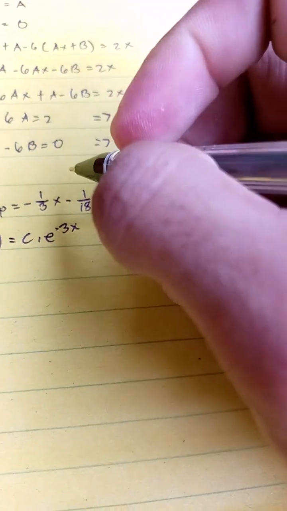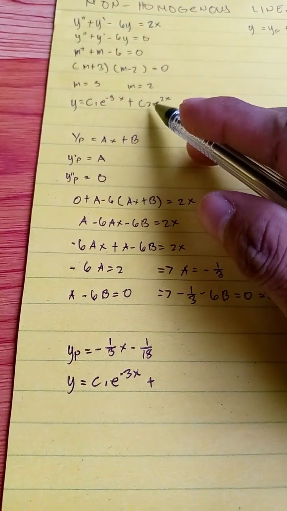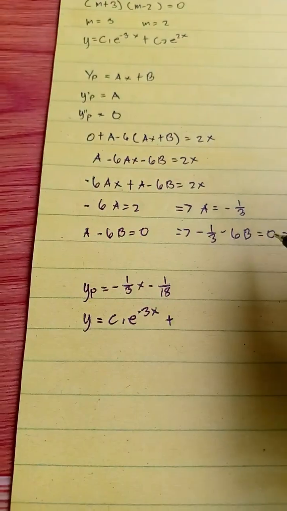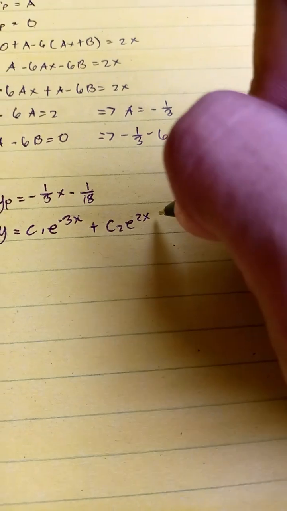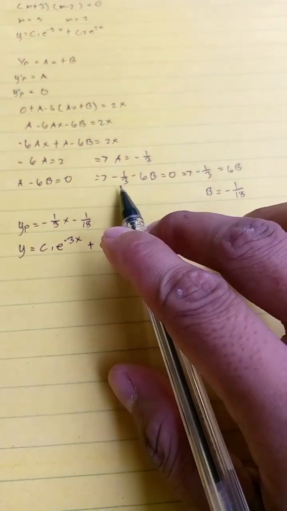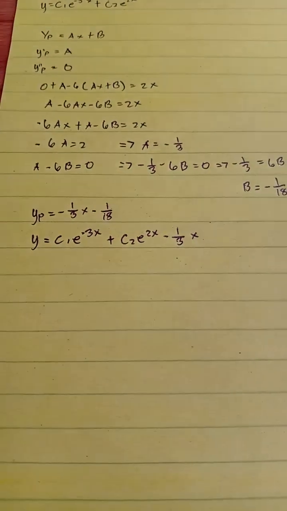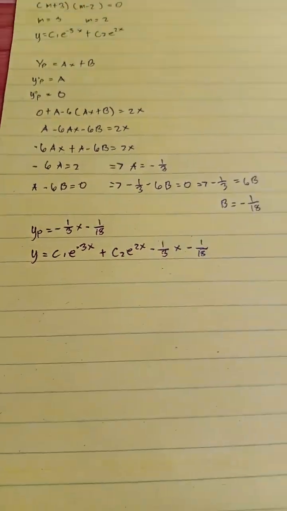So this is our final answer, which is y equals c sub 1 e to the negative 3x plus c sub 2 e to the 2x, our first general solution, minus 1/3 x minus 1/18, and this is it.